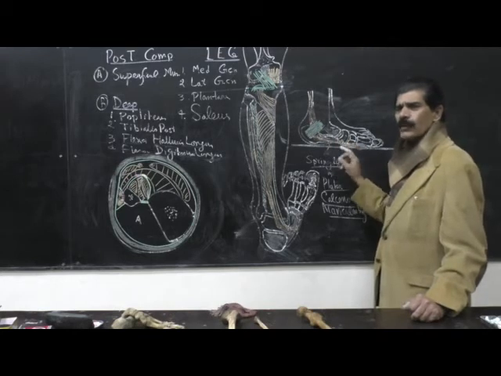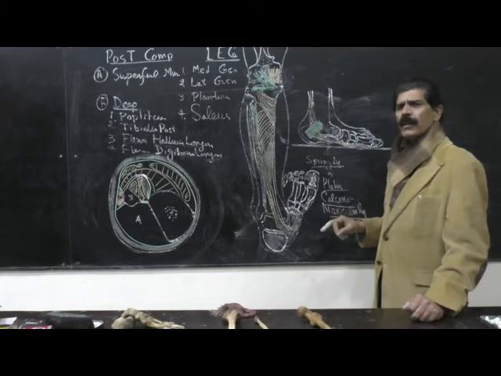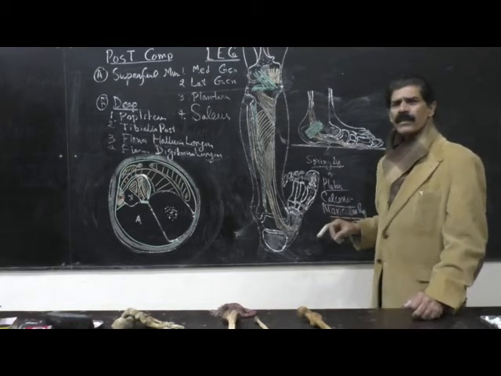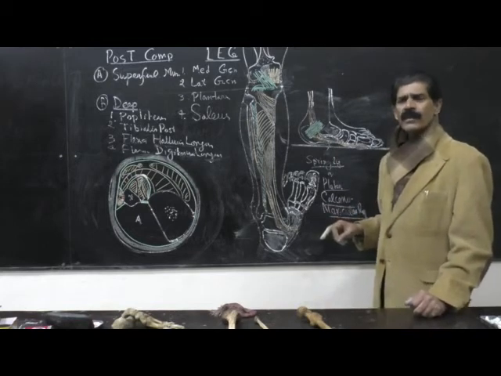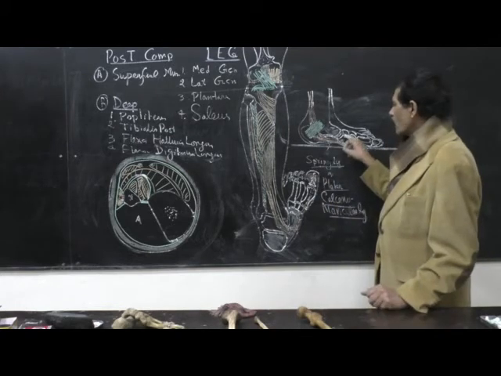This oblique groove changes the direction of the tendon of the flexor digitorum longus, as with the peroneus longus, whose tendon direction was changed by the groove present on the plantar surface of the cuboid. Similarly, an oblique groove is present below the navicular bone.